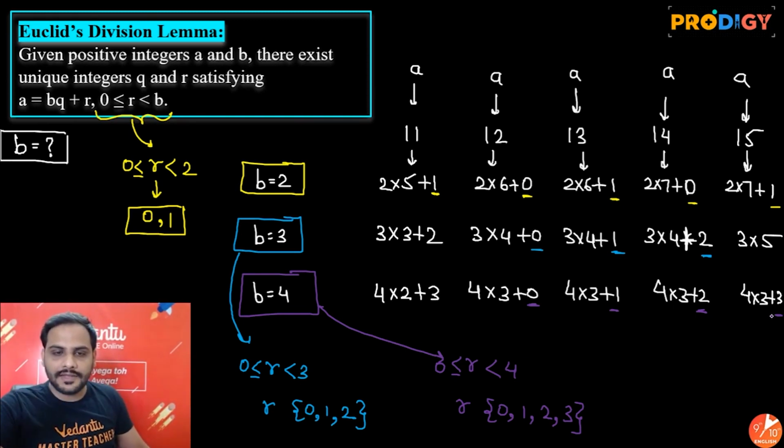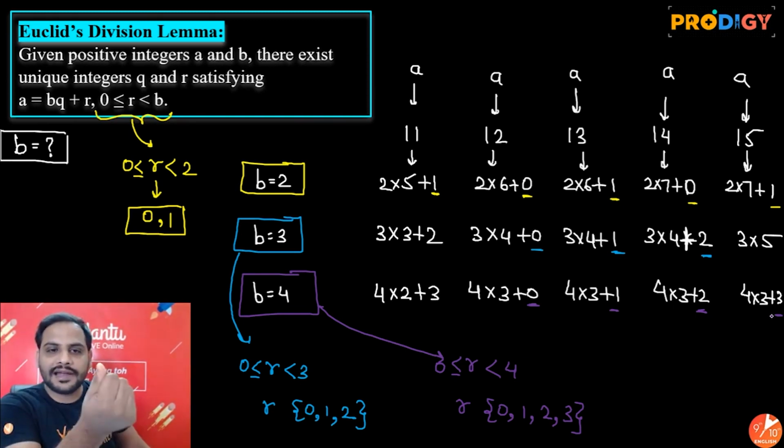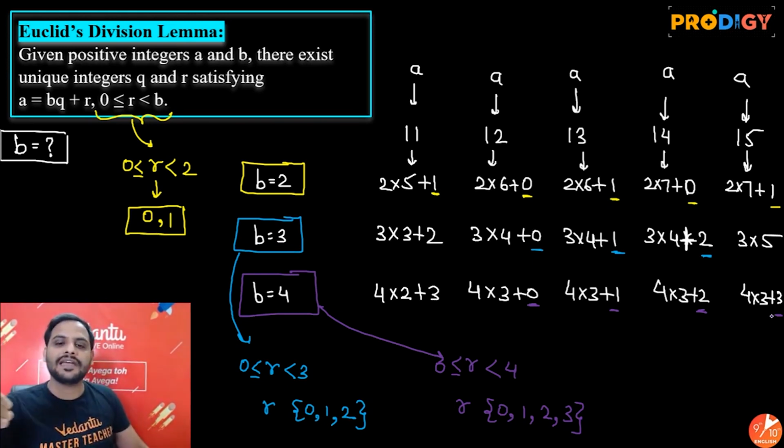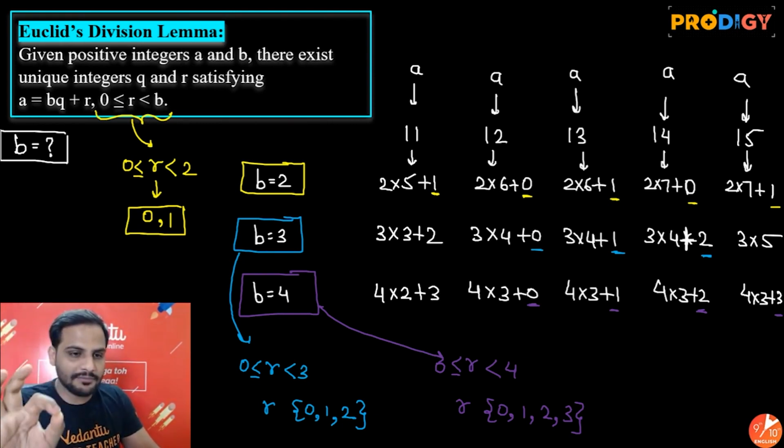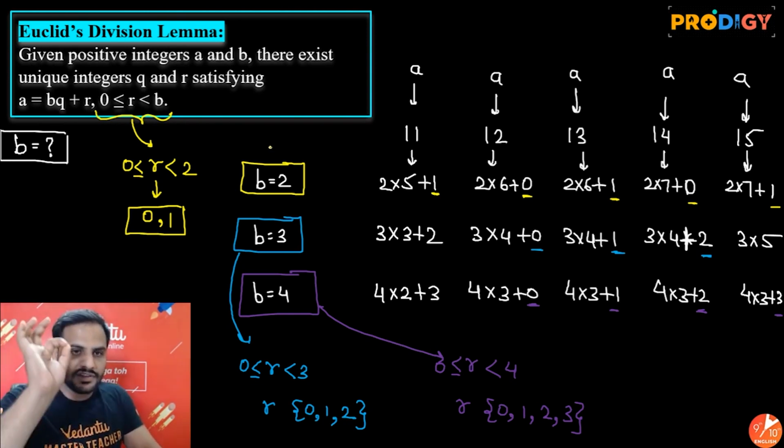So I can say that if I fix my divisor, I will get my values of remainders. For example, when I fixed my divisor to be 2, understand this, which is very important. What I am going to tell you right now is the most important part of this topic.